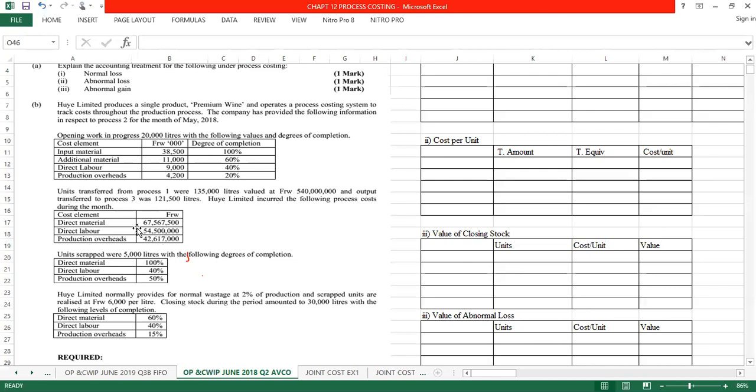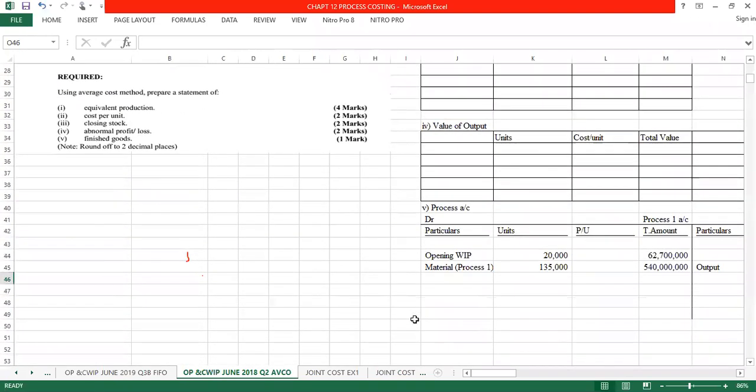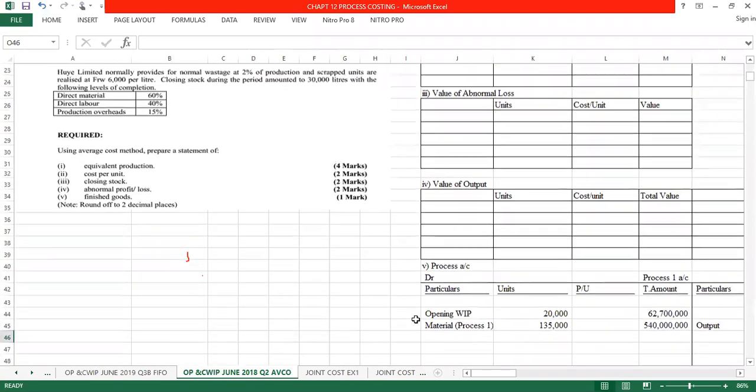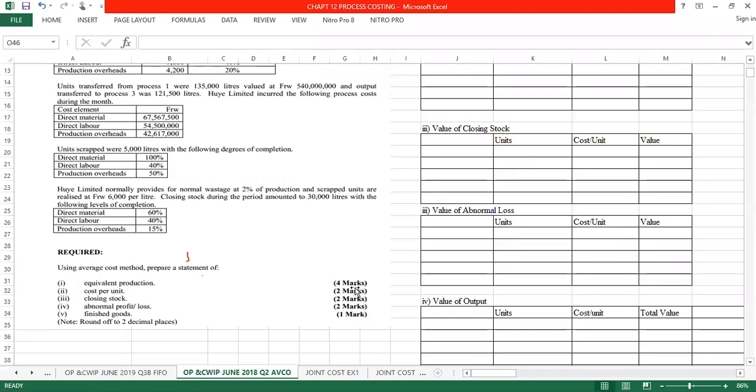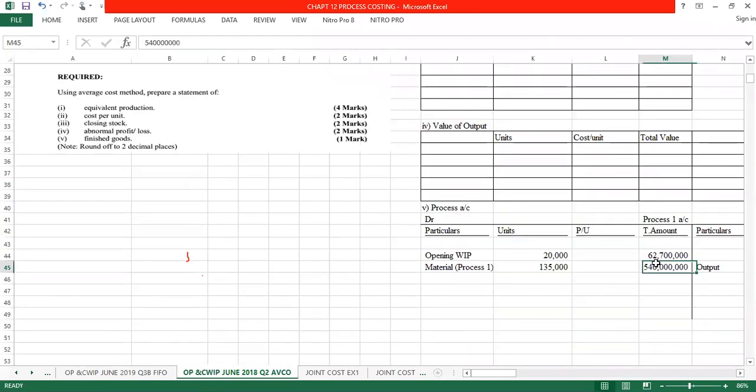The costs incurred, materials was 67. Because there are already original materials given, we will call these additional materials.